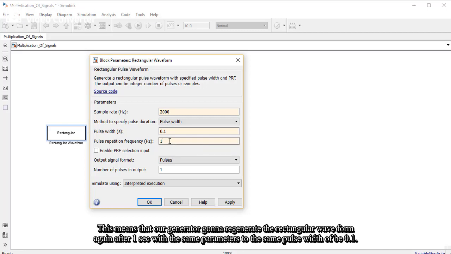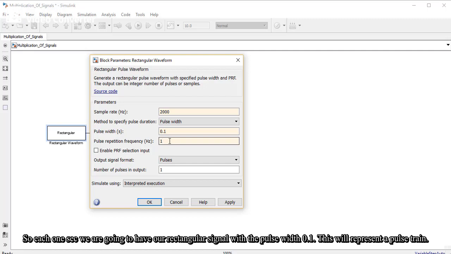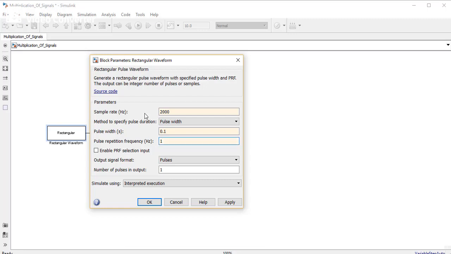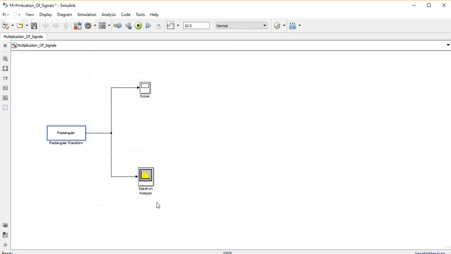This means that our generator is gonna regenerate the rectangular waveform again after 1 second with the same parameters, with the same pulse width of 0.1. So each 1 second we're gonna have a rectangular signal with a pulse width of 0.1. This will represent a pulse train. So we're gonna press OK.